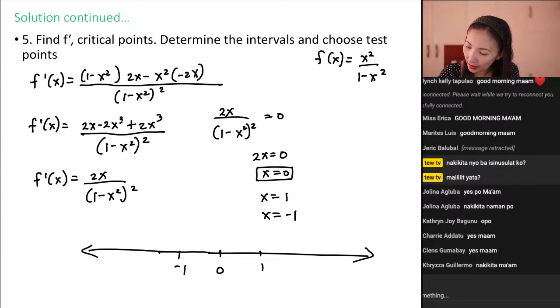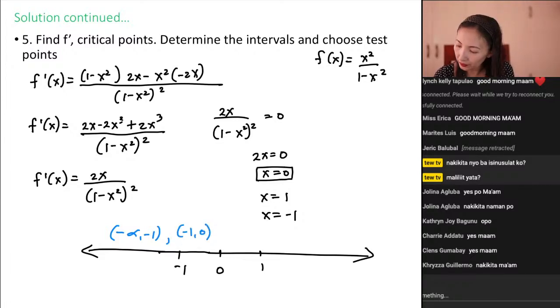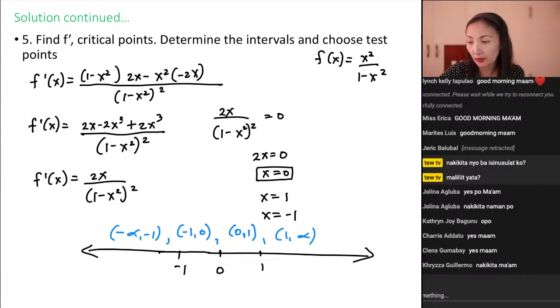That means from negative infinity to -1. Another interval would be from -1 to 0. Another interval would be from 0 to 1. And another interval would be 1 to +infinity.